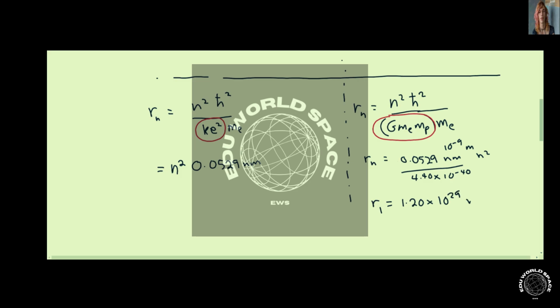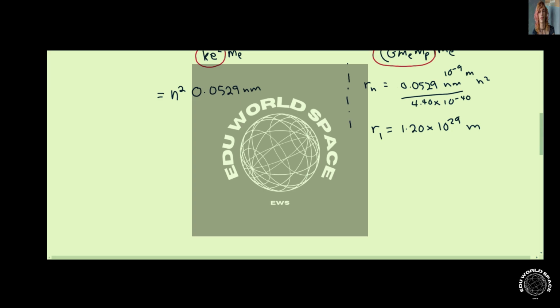That's huge, as they say. We'd have to convert that into light years to get a better feeling for how big that is, but we will convert it into astronomical units, where 1 AU is 1.5 times 10 to the 11th meters. Based on that multiplication, that doesn't reduce the exponent appreciably.